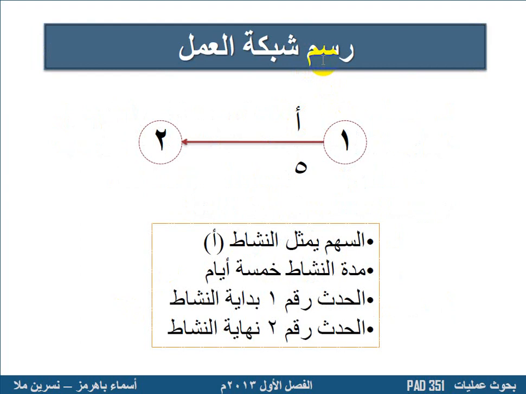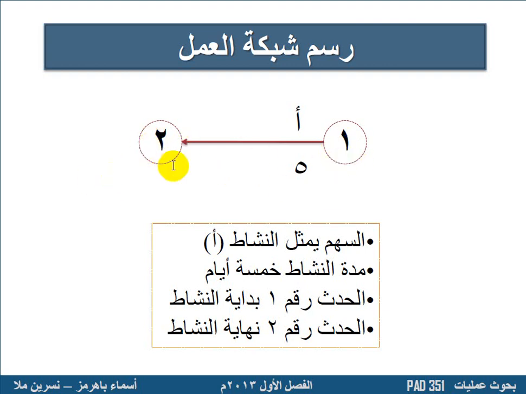The mechanism to plot any work network, or business network. The business network is represented by an arrow launched from a point to a further point.